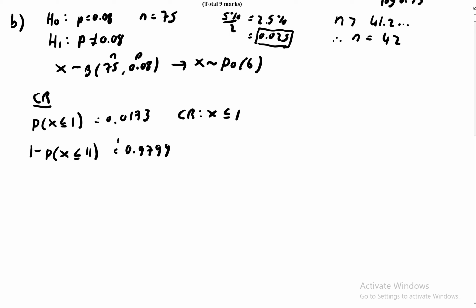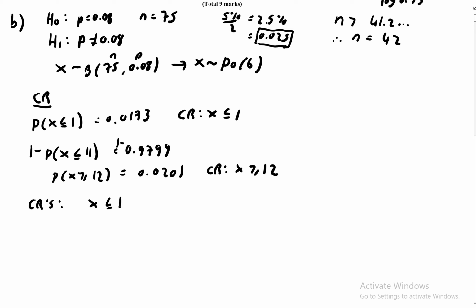So do 1 minus. That flips it to x is greater than or equal to 12. 1 minus gives you 0.0201. So the second critical region is x is greater than or equal to 12. So your critical regions are x is less than or equal to 1 or x greater than or equal to 12.